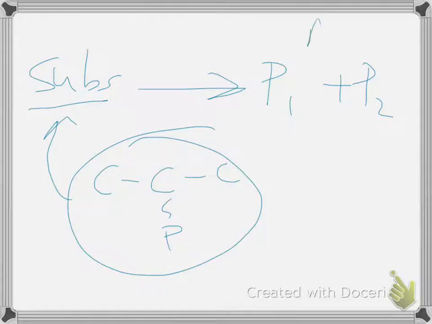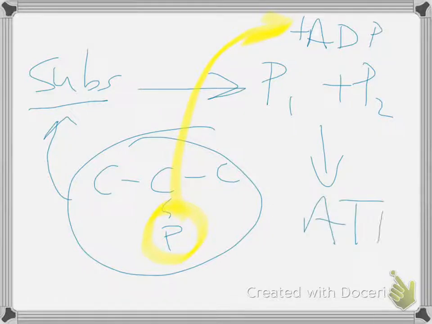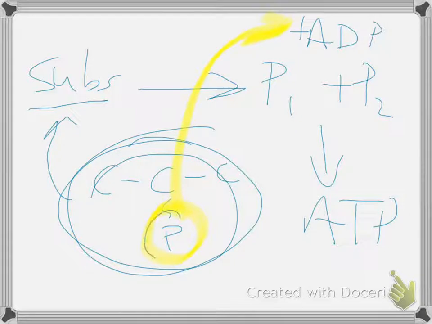And if one of the reactants in this reaction was ADP, then this phosphate group right here can be added onto ADP to actually make ATP. And that's substrate level phosphorylation. Everybody good with that? Because the substrate right here, this starting compound, is carrying this phosphate, and this phosphate is ultimately added onto ADP to produce ATP.